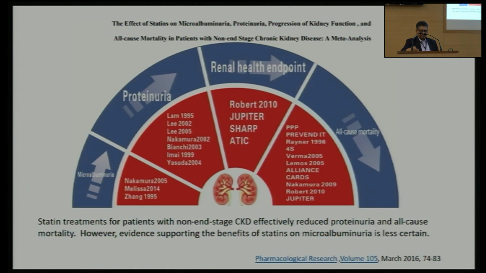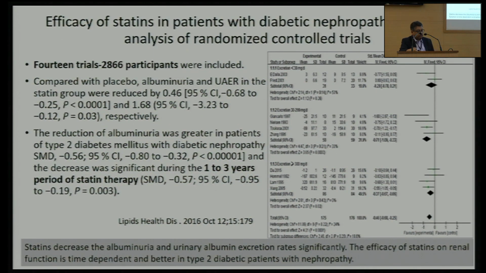All these trials have shown significant benefit, even in diabetic patients. They said that in non-end-stage disease it may reduce microalbuminuria, but as compared to rosuvastatin, it does not reduce proteinuria because of the tubular proteinuria, and it also reduces mortality. One meta-analysis has shown that it will reduce albuminuria and also mortality.